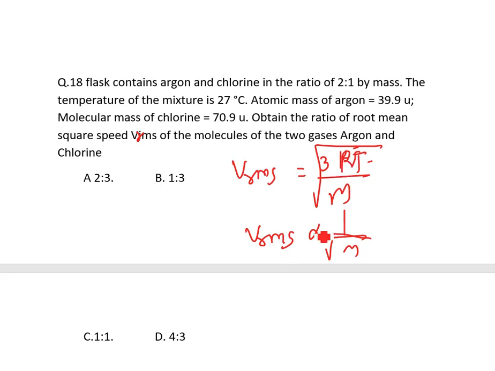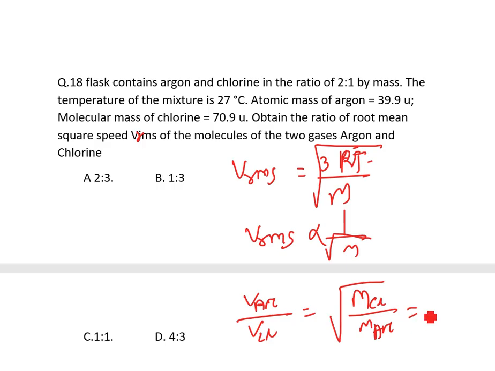We'll proceed accordingly. V RMS for argon over V RMS for chlorine will be the square root of M for chlorine divided by M for argon. The molecular mass of chlorine is 70.9, divided by the molecular mass of argon, which is 39.9, all under the root.